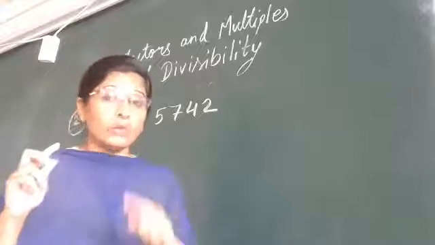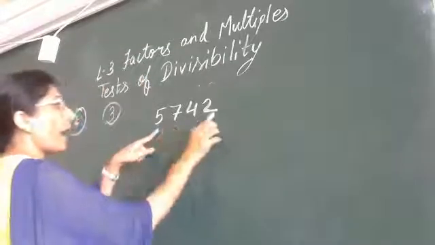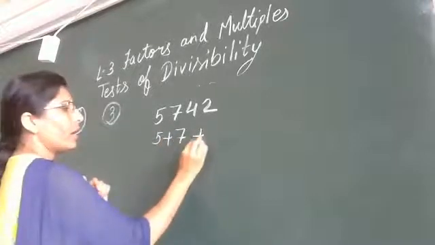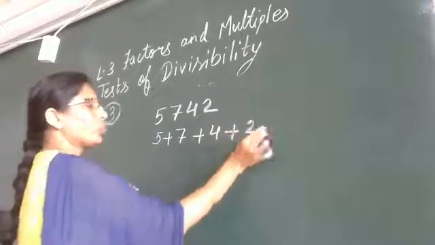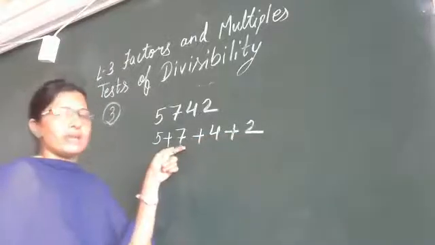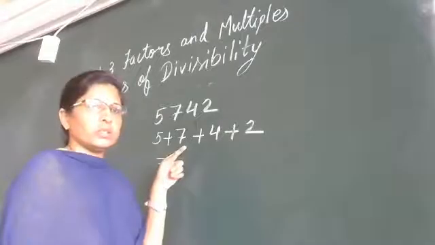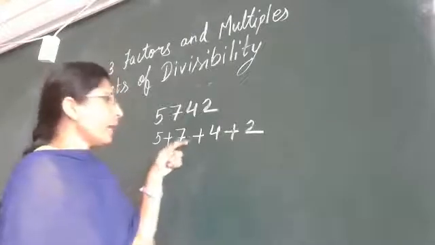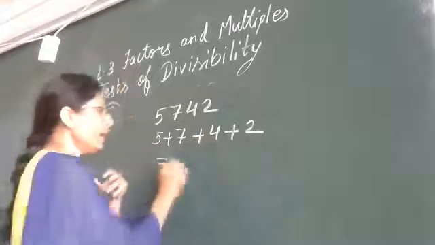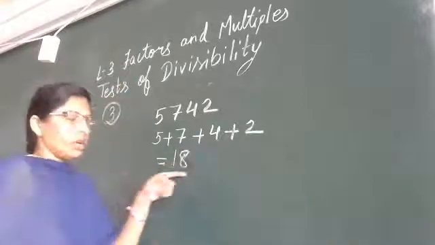So to find that, what we have to do? We have to add the digits. 5 plus 7 plus 4 plus 2. When you add, what will you get? 5 plus 7, 12. 12 plus 4, 16. 16 plus 2, 18.